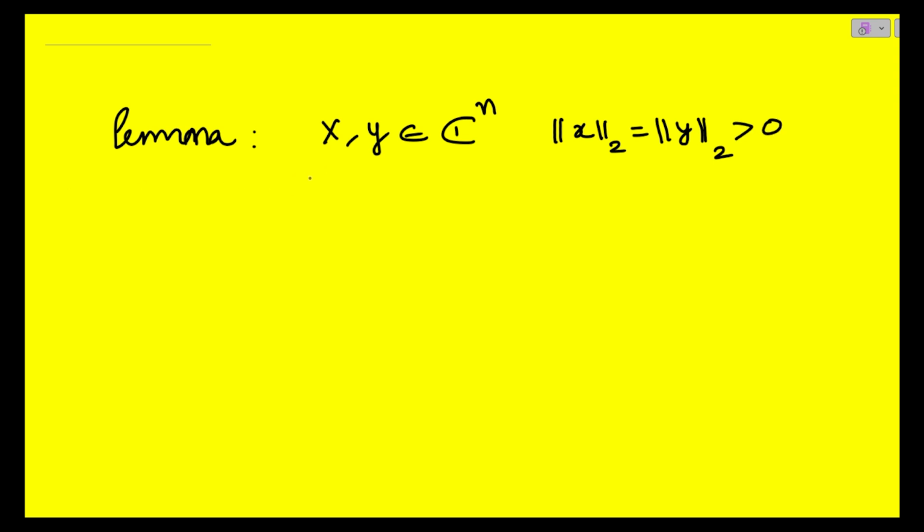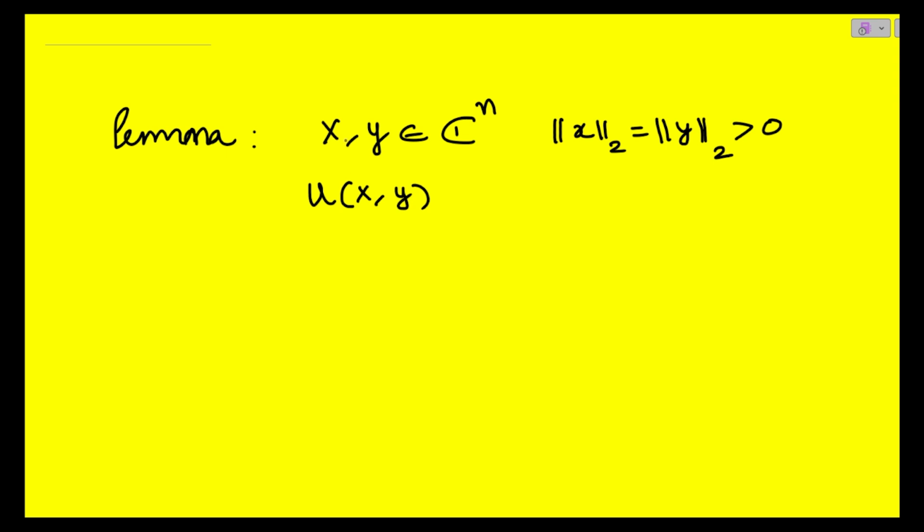Now the lemma states that if you have any two such vectors in this vector space, you can form a unitary matrix, or in other words, there is a unitary matrix. Let's denote it by U, with a notation indicating that it depends on x and y.